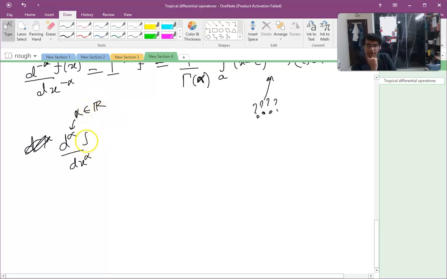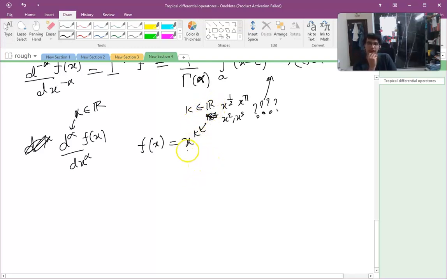I want to take the derivative of this, and I want to answer the question: what happens when f of x is equal to some power of x, say x to the power of k? For understanding, you can take examples like x squared or x cubed, but this will also apply to something like x to the power of 1 by 2 or x to the power of pi. So k is also real, because gamma is defined for all real numbers, so we're good to go. The question is, what happens when I put my RL derivative on top of this?